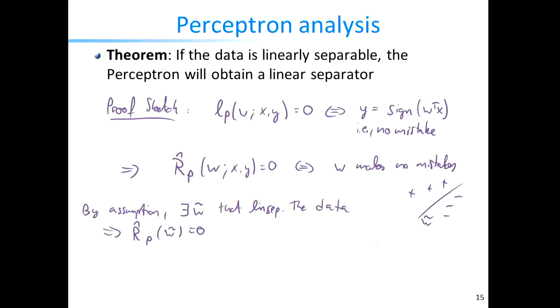And now, since gradient descent or stochastic gradient descent on this convex objective, R hat p, actually converges to an optimal solution, it actually must find such a linear separator.